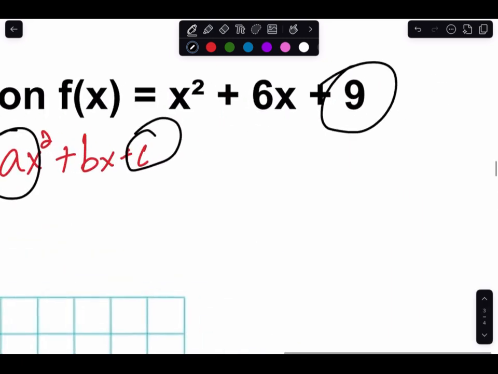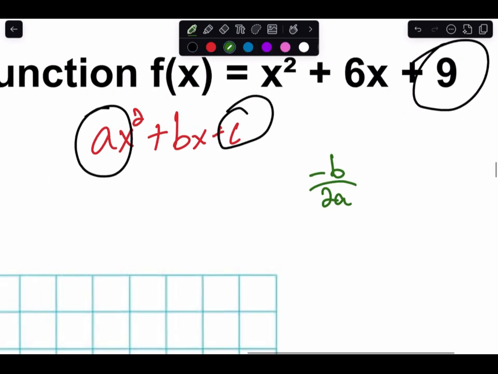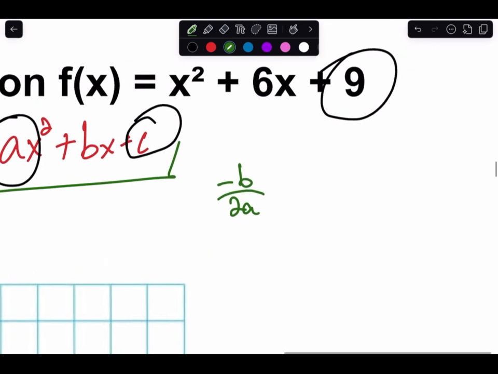So the way we want to start is we have to know one main formula, which is how to get the x coordinate of your vertex. That's going to be negative b over 2a. So negative b here, we're going to take the 6, because that's our b. So it's negative 6 over 2a. This has a hidden coefficient of 1 back here, so that's just 2 times 1.